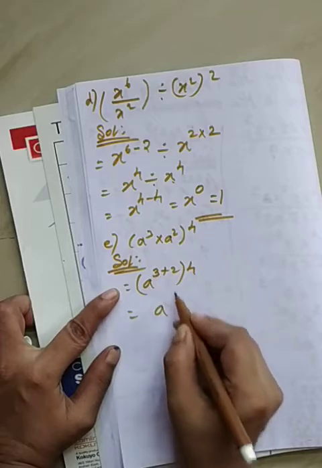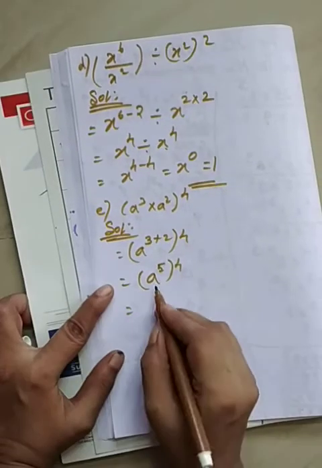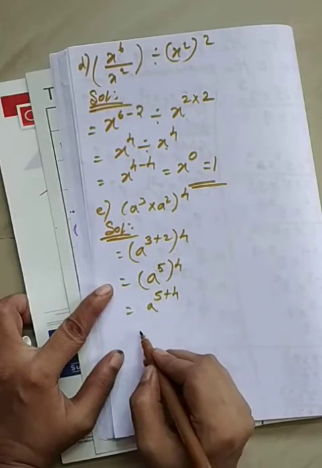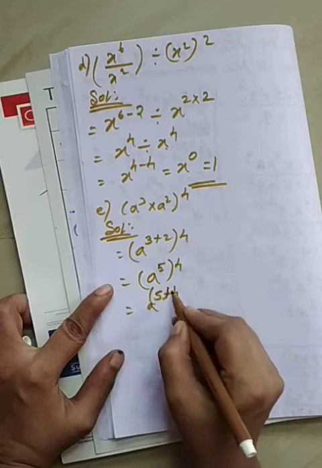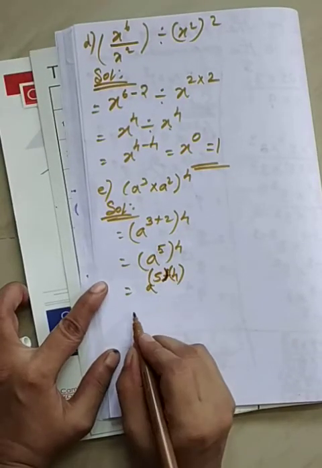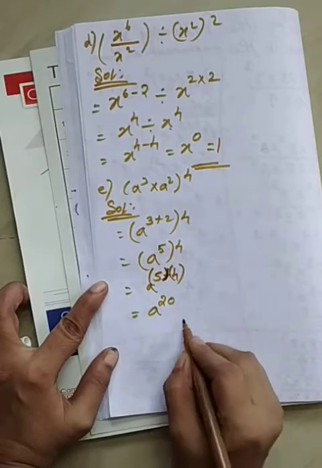A power 3 plus 2, the value is 5. Write this 4. Here a power 5 into 4, sorry, not 5 plus 4, 5 into 4. Okay. See, what is 5 into 4? 20. So a power 20. Everybody clear?